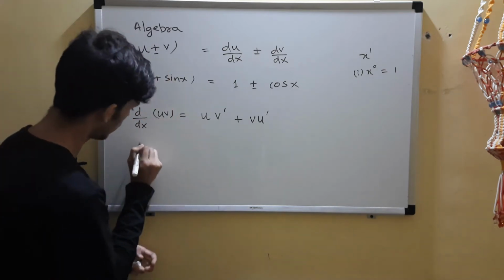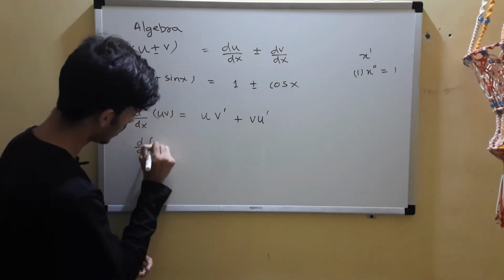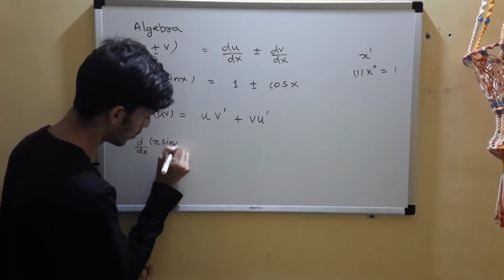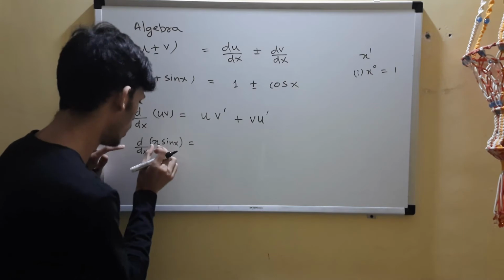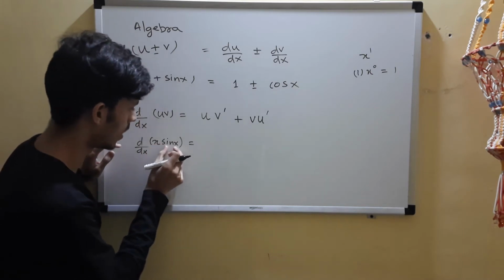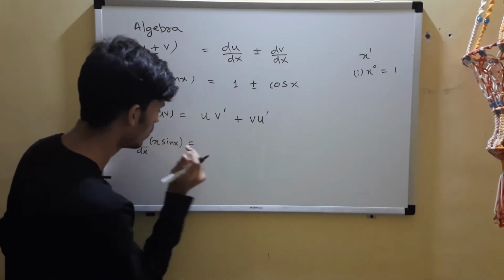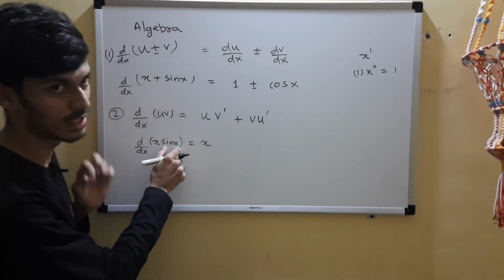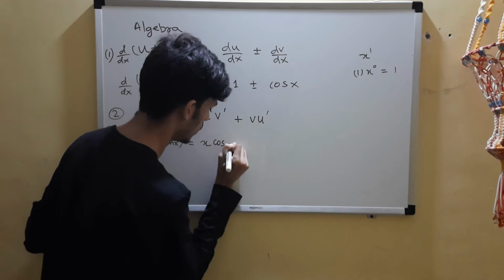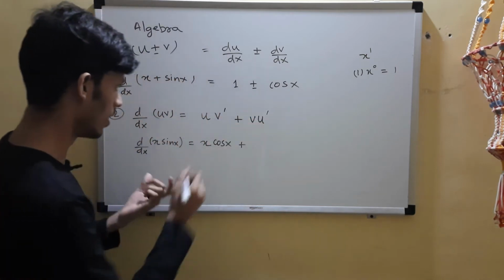Now let's take the same terms that we took, x sine x. So I'm showing an example. Treat one function as u, another function as v. So u into derivative of v. So u is x, derivative of sine is cos x, plus v. What is v?